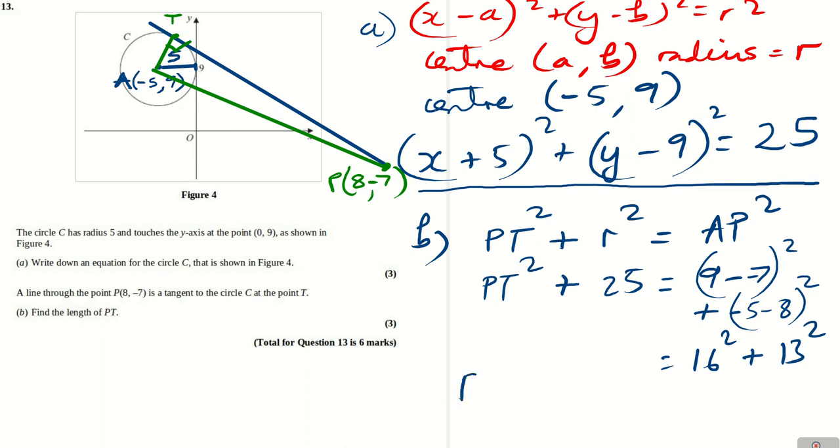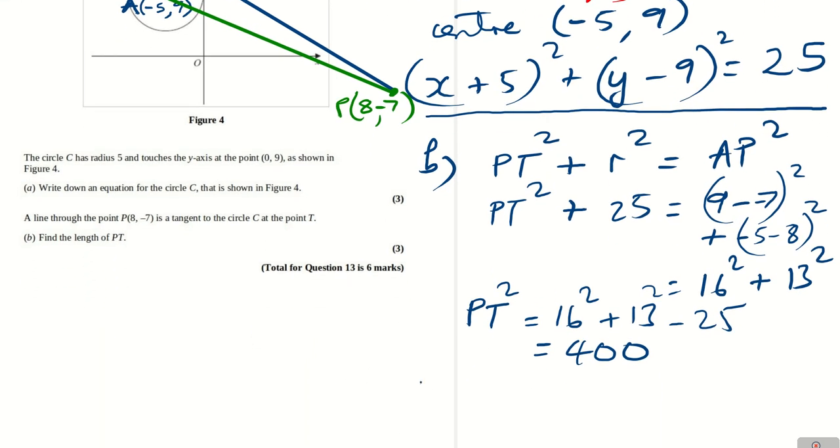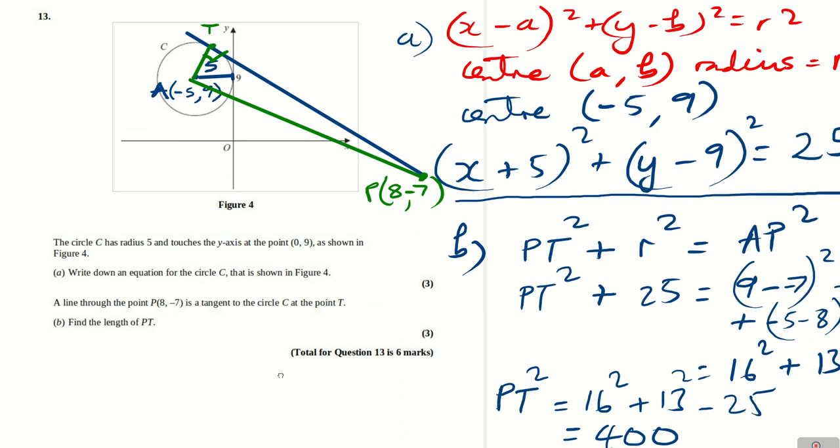So what we now have is PT squared equals 16 squared plus 13 squared minus 25, equals 400. So we've almost done it. So PT is going to be equal to the square root of 400, which is 20. Done.